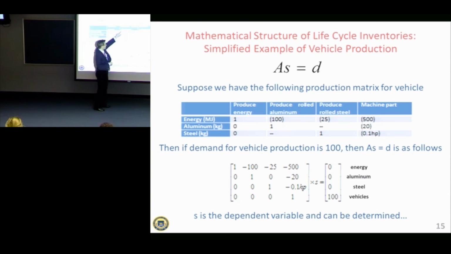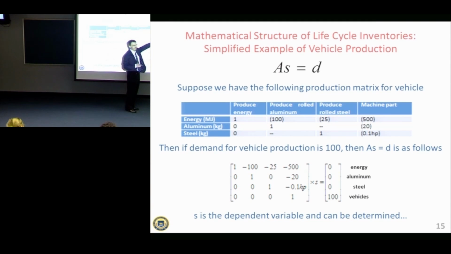So to roll the aluminum, I need 100 megajoules, and I need 25 megajoules to produce the steel, and 500 megajoules to do the machining. Some made-up numbers here. In the machining, we're going to consume 20 kilograms of aluminum. And the amount of steel we consume, just for fun, we're going to relate that to the design here.